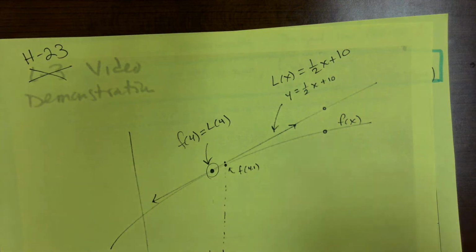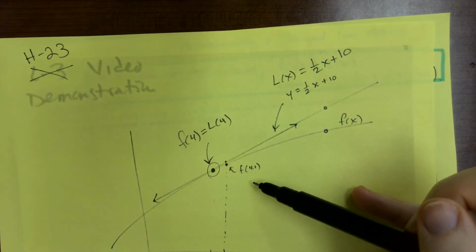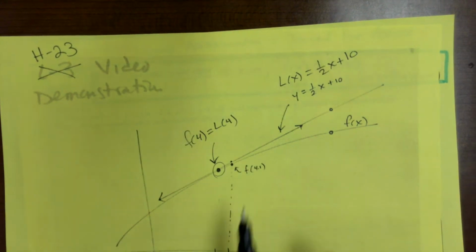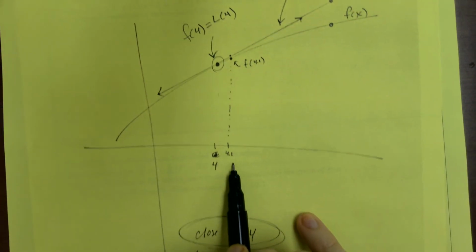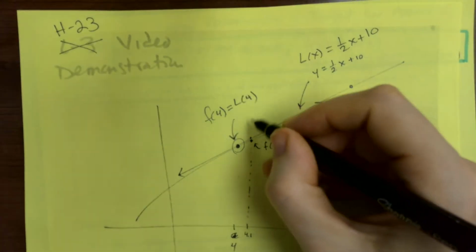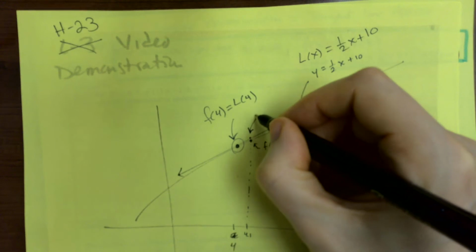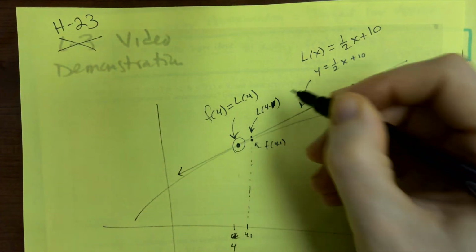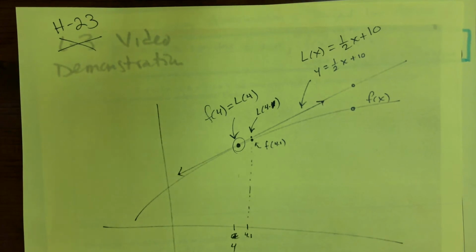But this lower dot is a point on f at 4.1, so this lower dot is f of 4.1. The one up above is L of 4.1, because we're plugging 4.1 into the tangent line equation.